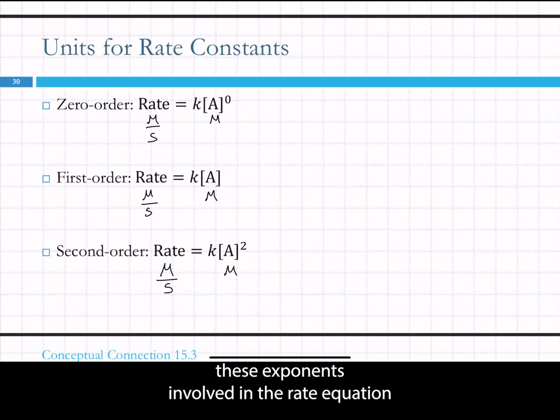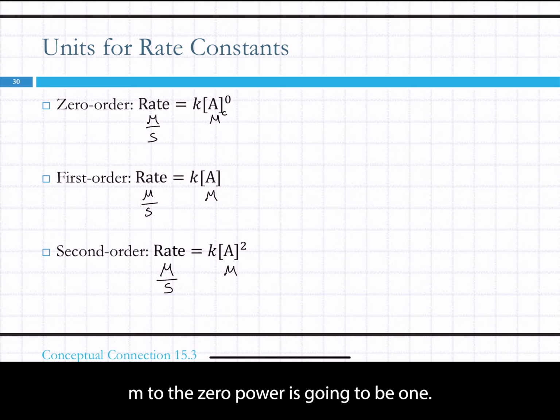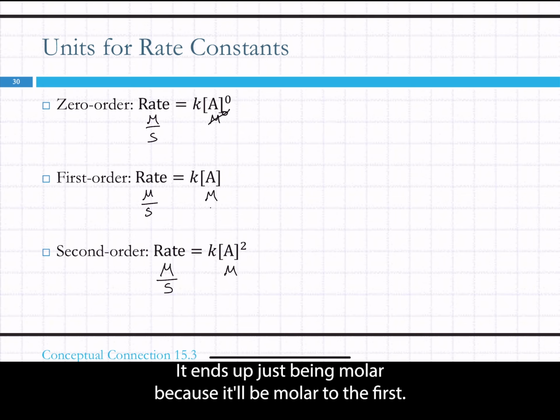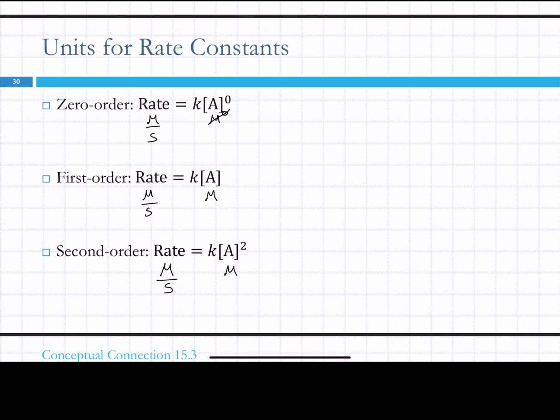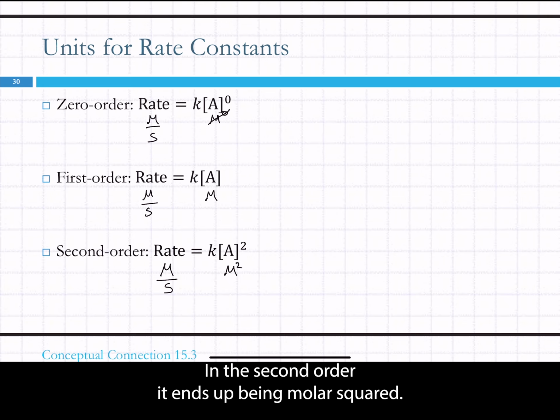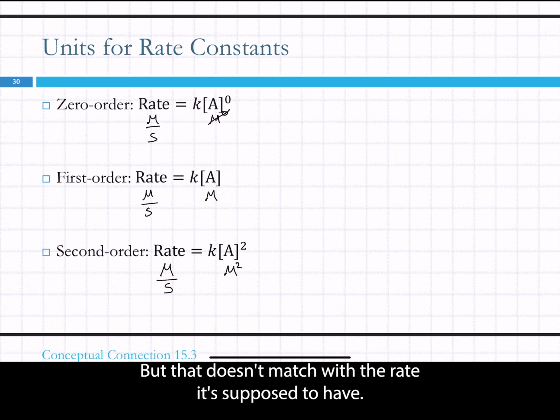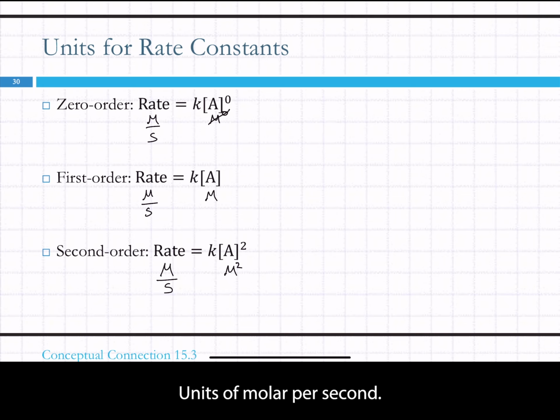But because we have these exponents in the rate equation, in the case of a zero order, n to the 0 power is going to be 1, so this drops out. In the first order, it ends up just being molar, molar to the first. In the second order, it ends up being molar squared. But that doesn't match what the rate is supposed to have units of, molar per second.